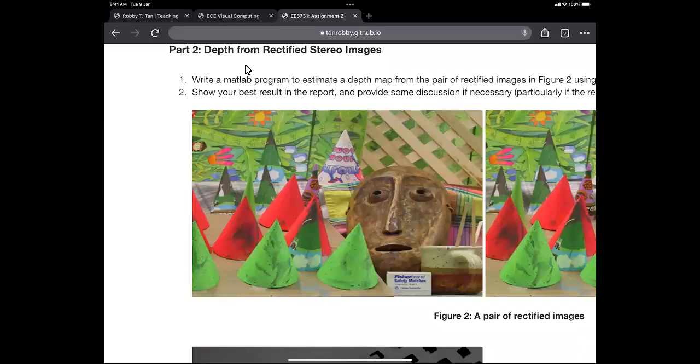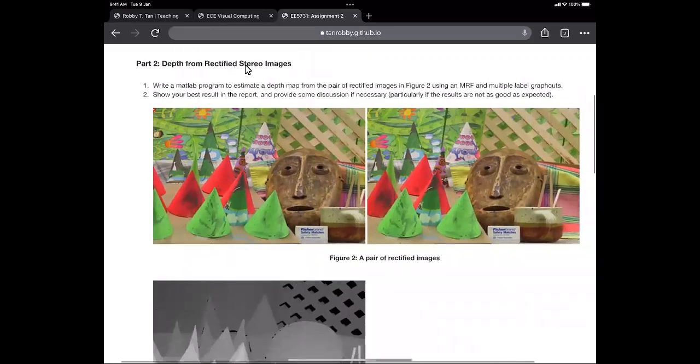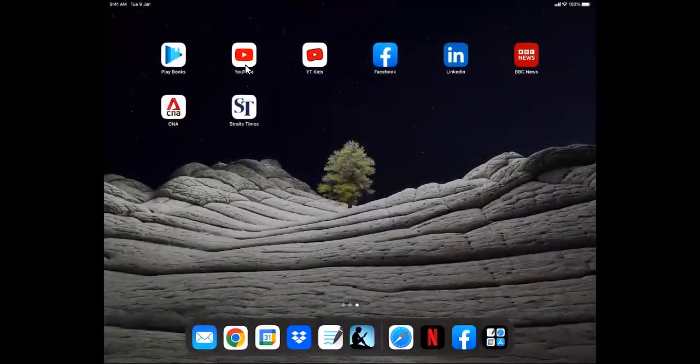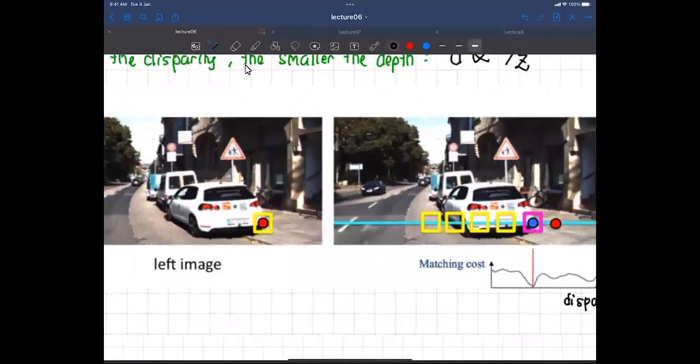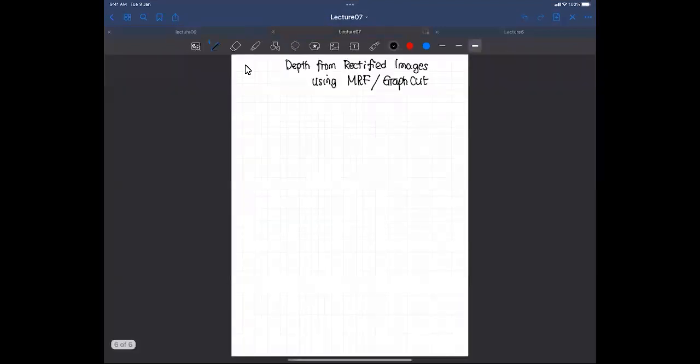The horizontal line will give you the corresponding points. The same as what I illustrate here: you draw the horizontal line, the same y, to find the corresponding points of the target pixels. Okay, so that's the idea.